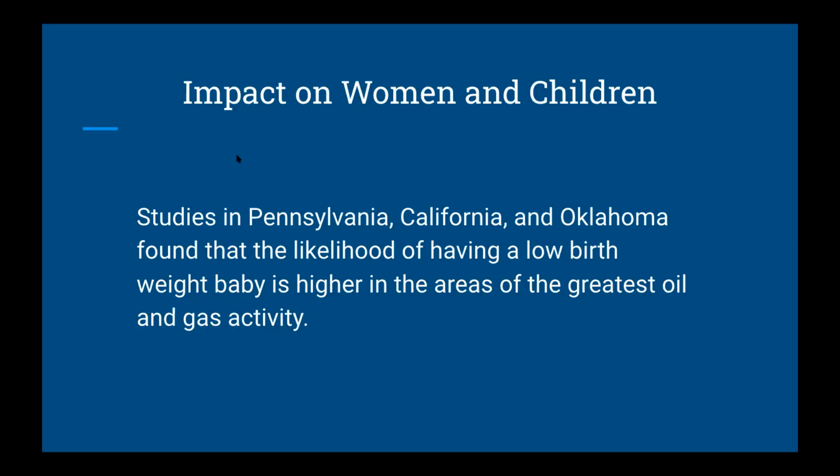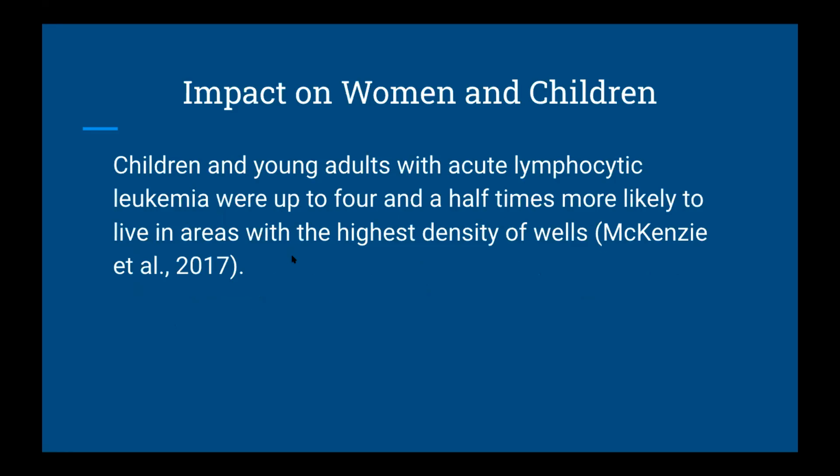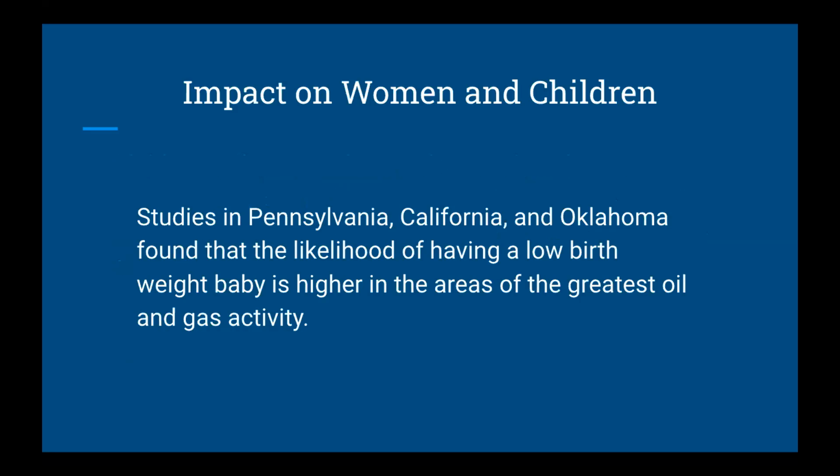Another study looked at mothers living within 2.5 kilometers of gas wells, and found they had more babies with low birth weight, small for gestational age, and lower APGAR scores. And a third study of birth weight was done in California, looking at 3 million births to mothers living within 10 kilometers of at least one production well between January 2006 and December 2015.